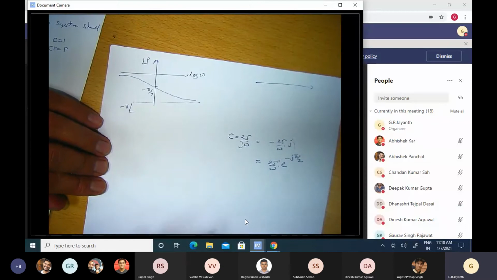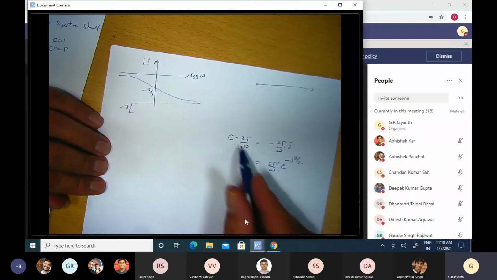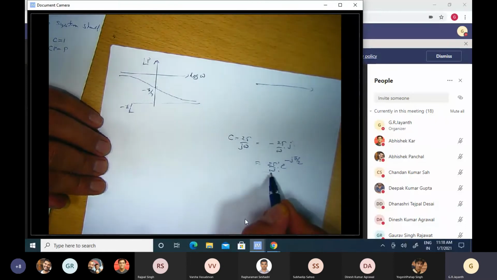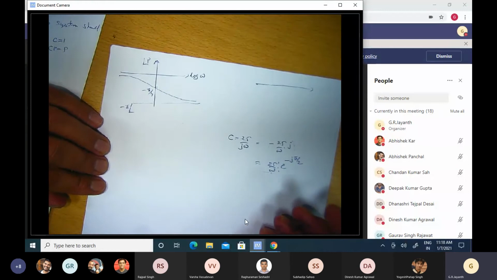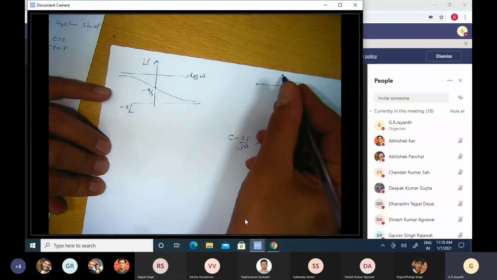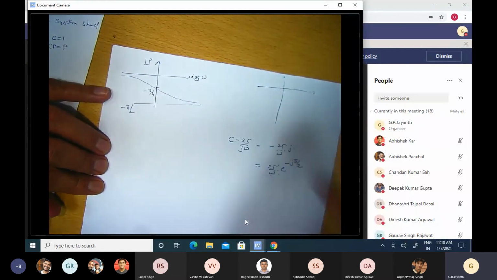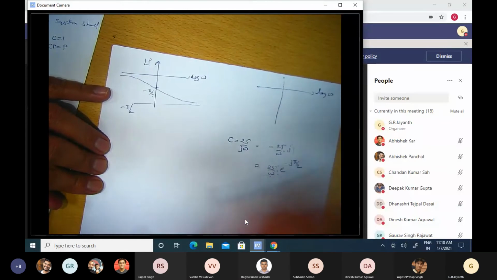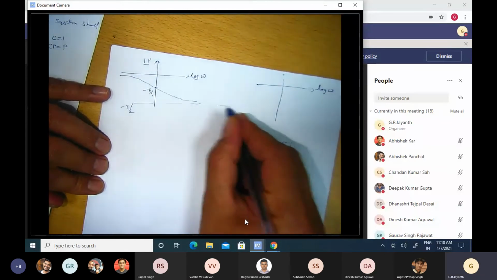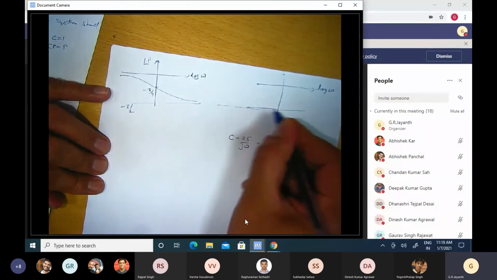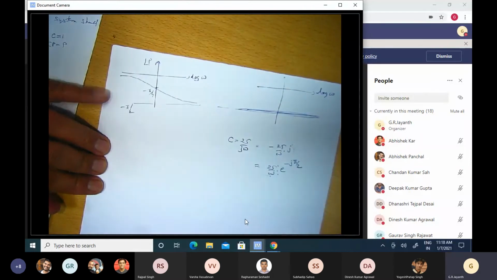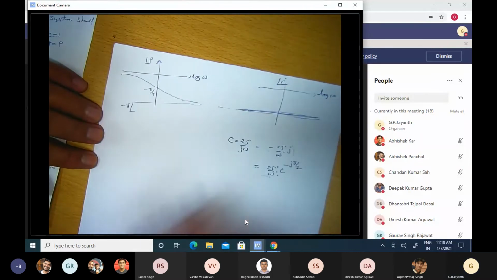This essentially indicates that the phase of this complex number 25 by j omega is minus 90 degrees, or minus pi by 2. So at all frequencies it's minus pi by 2, independent of frequency. Its phase is always minus pi by 2. I'll just draw a horizontal straight line. This is the angle of C.